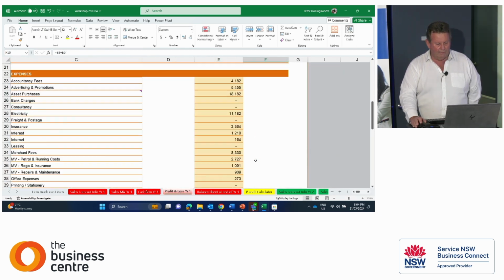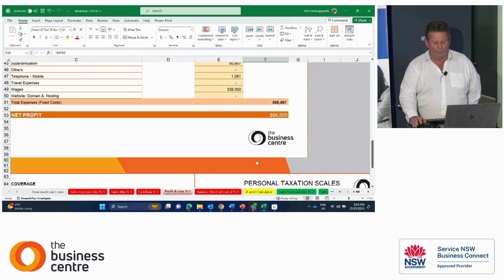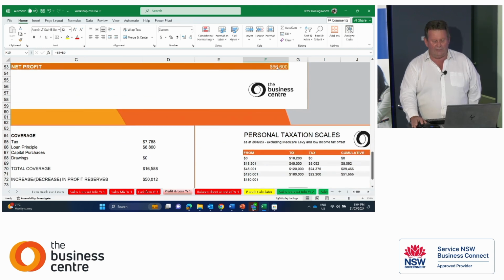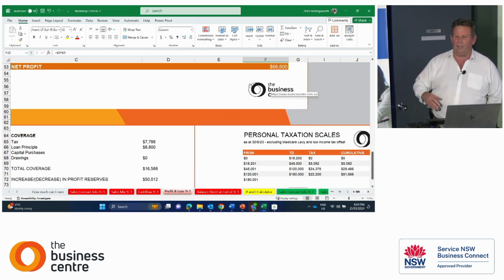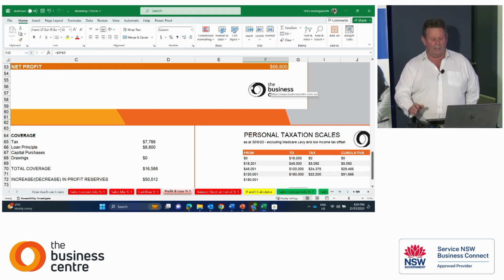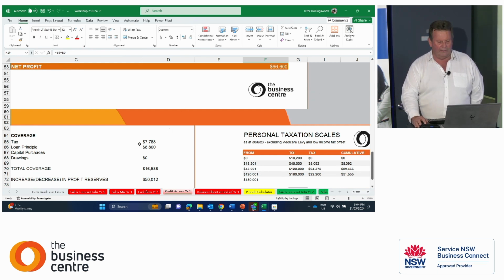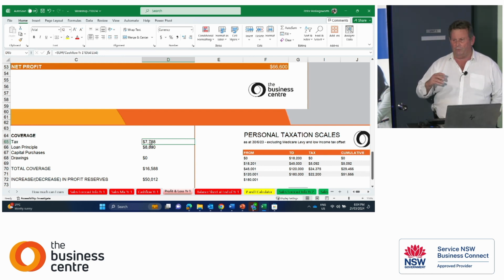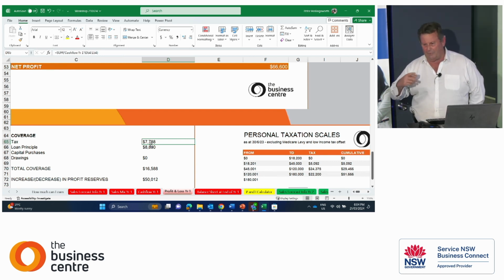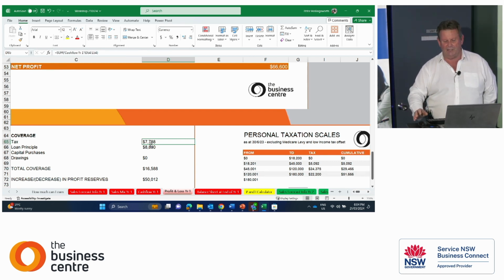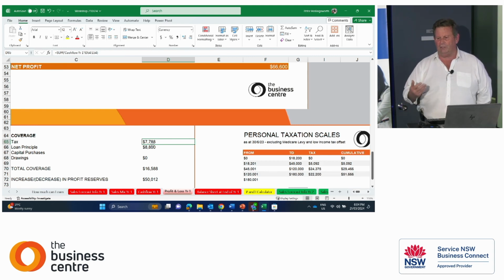So one other thing just to take away from the P&L, of that $66,000, we've got a concept called coverage. What do we got to cover in that? Obviously the tax, and we've only got $7,500 of that tax there. The rest is due and payable at the next BAS period in a couple of months. So it'll be on the balance sheet as a liability. But out of that 66, we've certainly got to pay, or we have already paid 7,000.